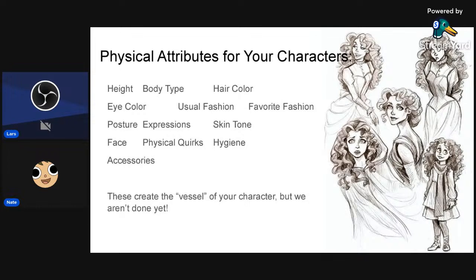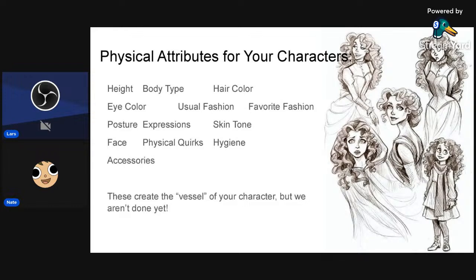But for talking about the physical attributes of your character, this is to create the vessel. So for anyone who's played Deltarune, at the beginning, you get to create the vessel of your character, which then, of course, gets tossed out. But hey, you get to try to create your own character. And of course, you can do that for games like Elden Ring and Baldur's Gate and so forth. And so that's kind of what this is here.